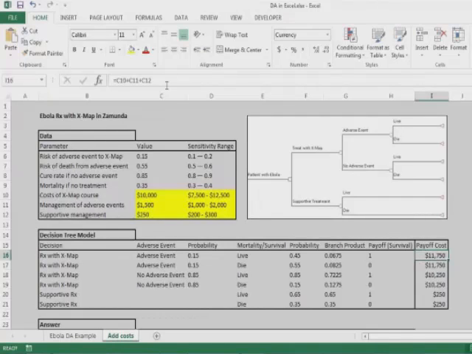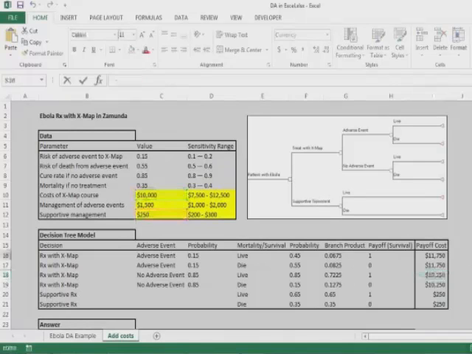If you look at the cursor, you'll see where they're coming from. For this top branch, it's the cost of XMAP, management of adverse events, and supportive management. If you go to the next one, it's the same thing. And if you go to the next one, it's now only the cost of XMAP and supportive management.